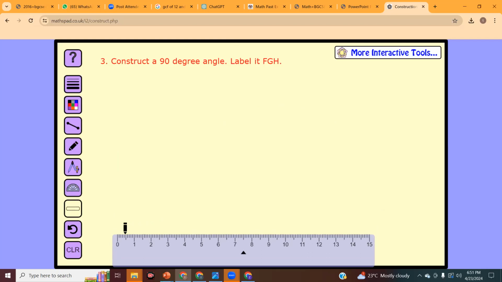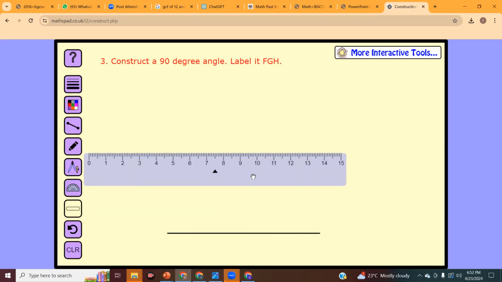We're going to call this the ray GH. GH, very good.